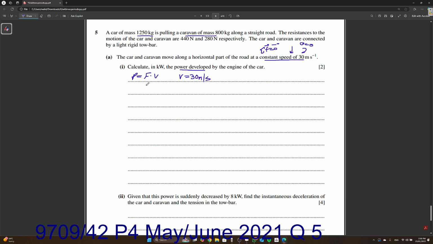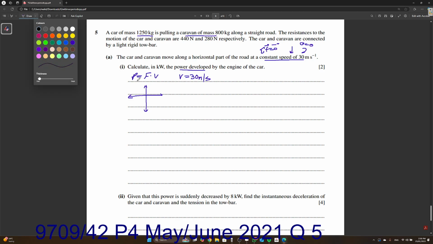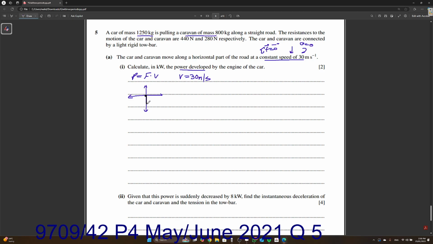So if you draw the FBD of the car-caravan system, you can draw it as a system. You have the total weight, the driving force, which I like to call E, the total resistance, let's call it RT, and the normal reaction N. What do we know from constant speed?